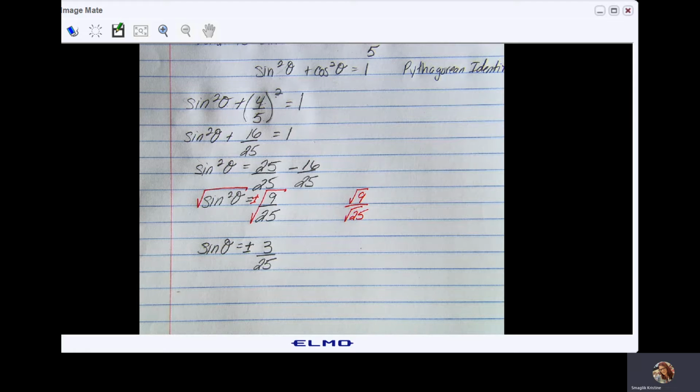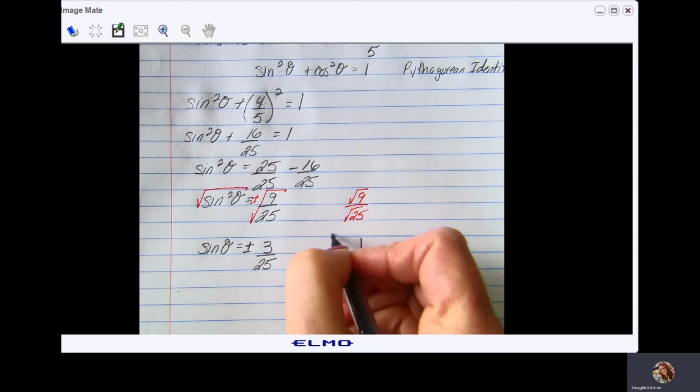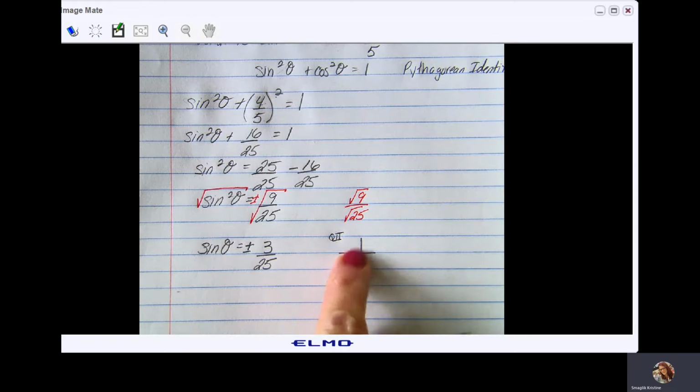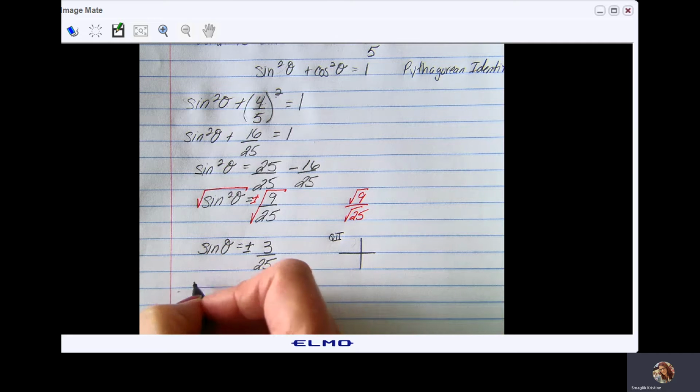But now remember, we were asked to find sine of theta if theta is in quadrant 2. So if I'm in quadrant 2, here's quadrant 2, and remember, sine relates to y values. So if I am up here in quadrant 2, sine is going to be positive.